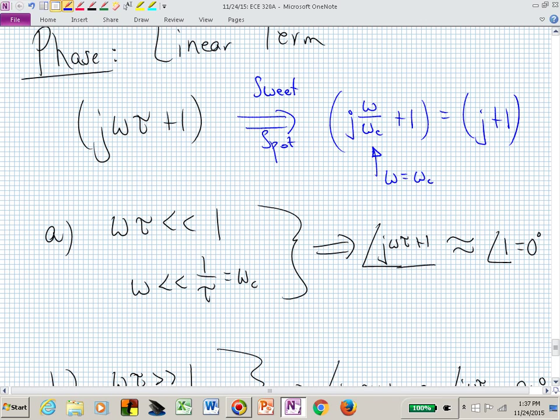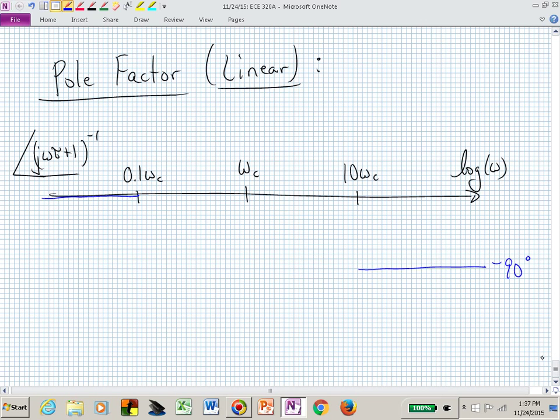And I'm not going to get hurt doing this, am I? I go over 1 and up 1. What's the angle? 45 degrees. And since it's in the denominator, it's minus 45, which happens to be exactly between 0 and minus 90. Here's 0 degrees, and then I just connect these dots. That's supposed to go right through, and that's supposed to end up right at minus 90.